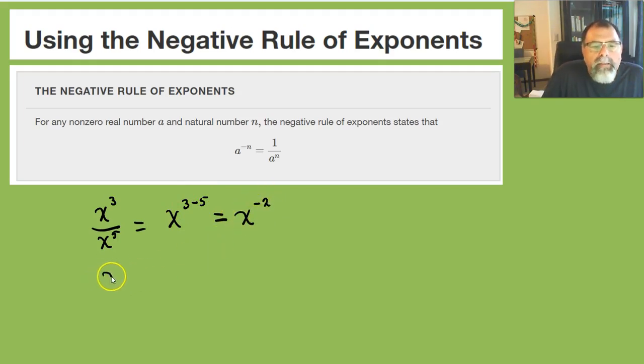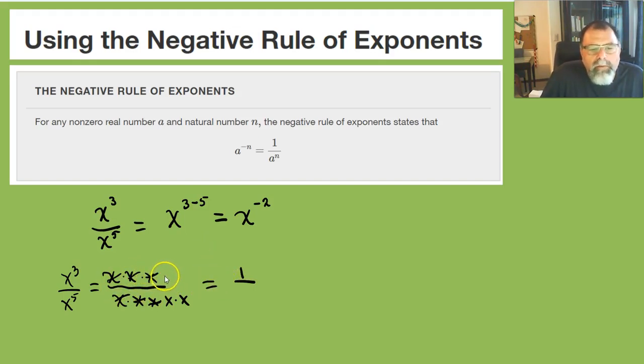But if we go back to the definition, x cubed over x to the 5th, x cubed is x times x times x, so 3 of them. x to the 5th is 5 factors of x, and then we cancel, and you can see that we're canceling 3. We have 1 on top, or 0 on top, so that's 1. There's always a factor of 1 left over. And then on the bottom, we've got x squared.